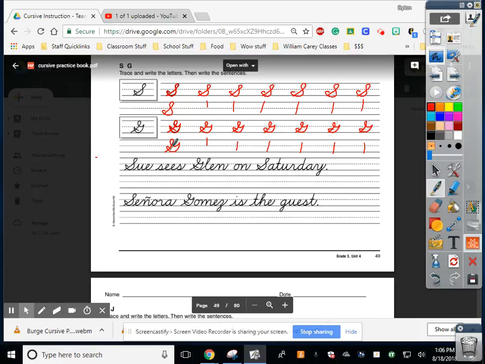Okay, and then we have our sentences. Sue sees Glenn on Saturday. Okay, so Sue, capital S and G do not connect.